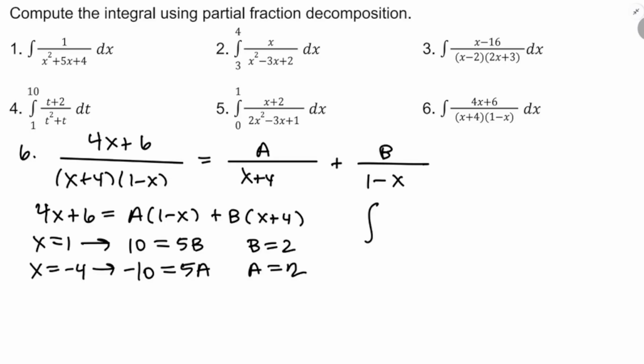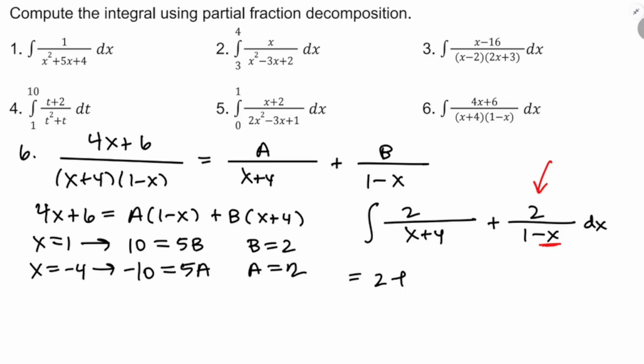So I'm going to be anti-differentiating 2 over x plus 4 plus 2 over 1 minus x. Okay. And because 1 minus x does not have a slope of 1, I need to be careful on a chain rule level there with that negative x. Remember to divide by -1 to appease the chain rule.